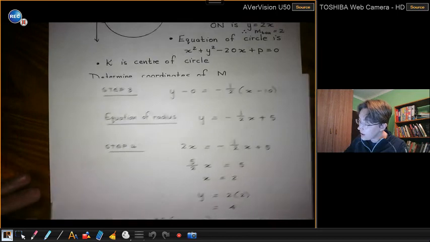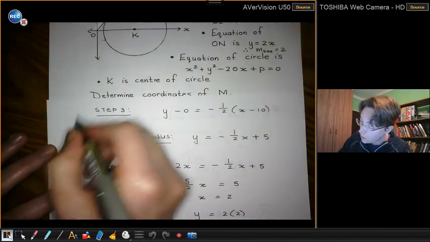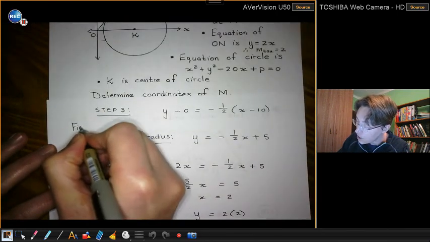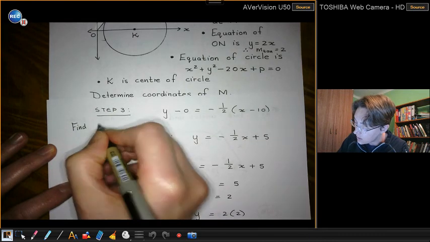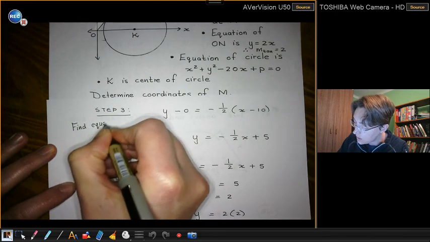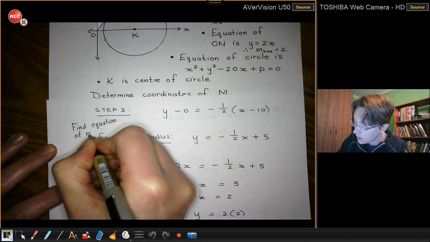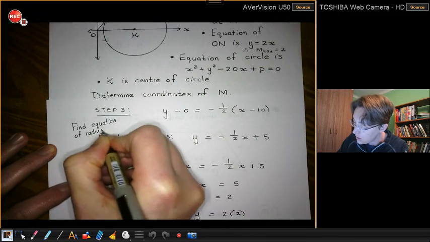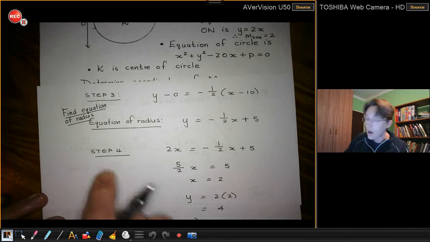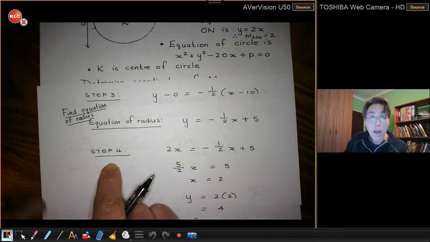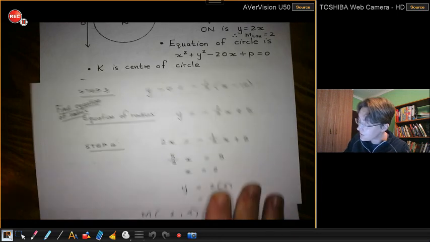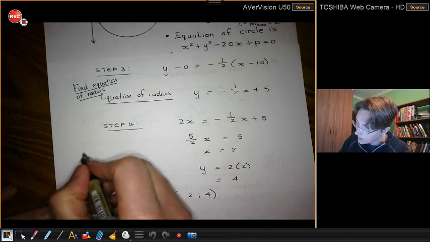Then step 3 was find the equation of the radius. There you go. And then the last one was set the equation of the radius equal to the equation of the tangent and solve simultaneously.